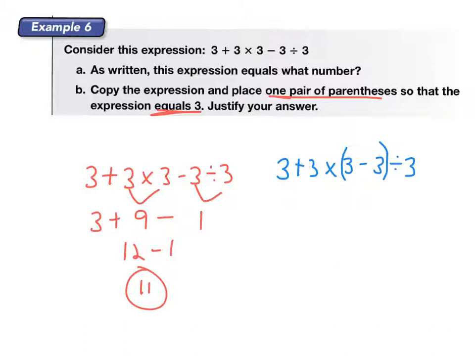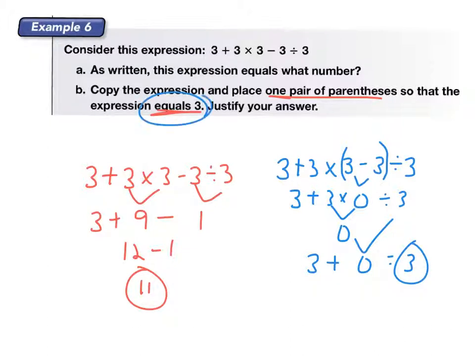So first I do the parentheses and I get 0. Then I have to multiply and divide from left to right. So let's copy this down. Now multiply. 3 times 0 is 0. 0 divided by 3 is 0. So 3 plus 0 is equal to 3.